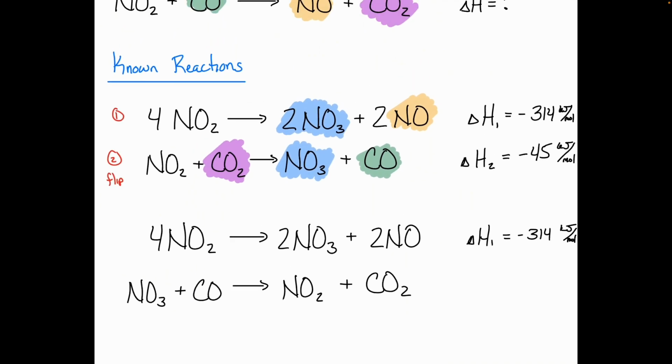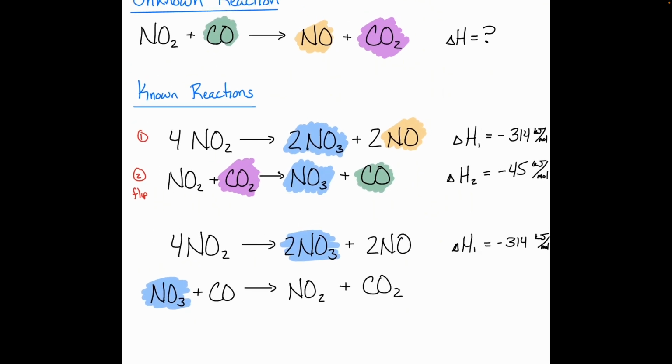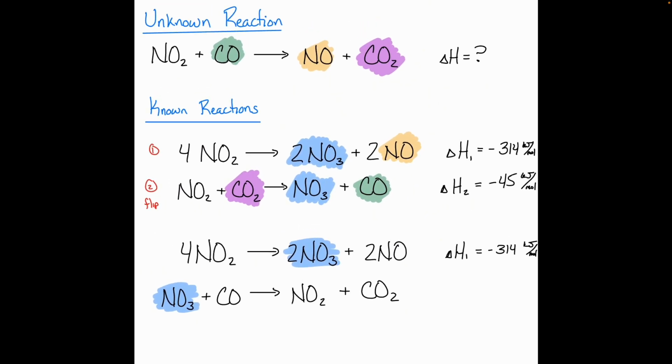And again, I need to get these blues to cancel out here because they don't appear anywhere in my unknown reaction. If I combine them together right now, they're not going to combine correctly. So what do I have to do here? How can I combine these in such a way that everything will cancel out and leave me with my overall reaction?